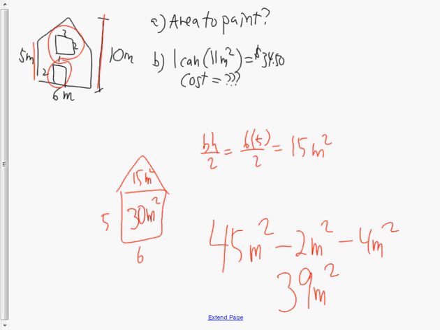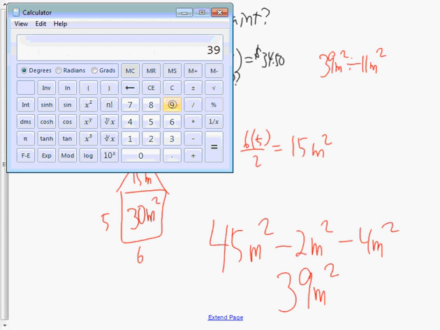But the second part says, if one can of paint can do 11 square meters, how many cans should I buy? Well, 39 meters squared divided by 11 meters squared, 39 divided by 11 equals, I need to buy 3.5 cans.